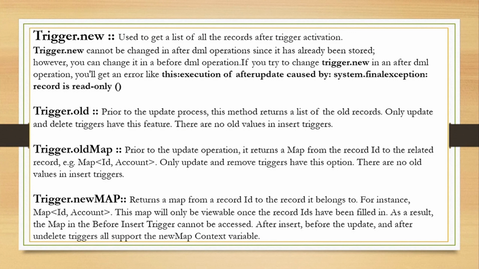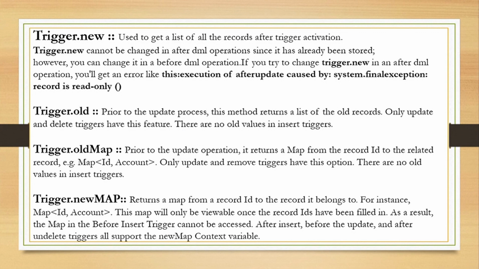Trigger.old returns a list of the old versions of records prior to the update. Only update and delete triggers have this, and there are no old values in insert triggers.